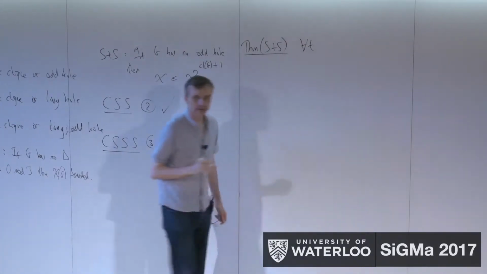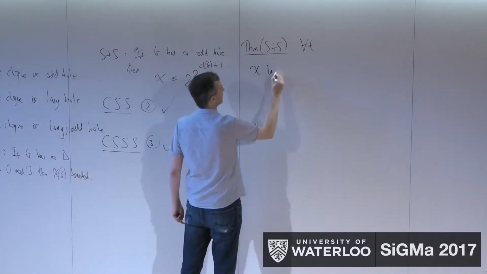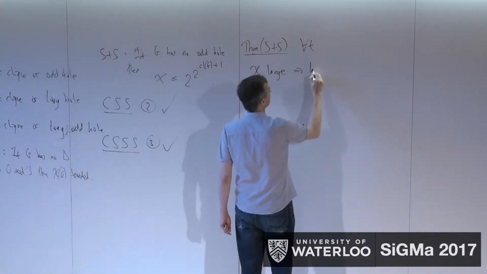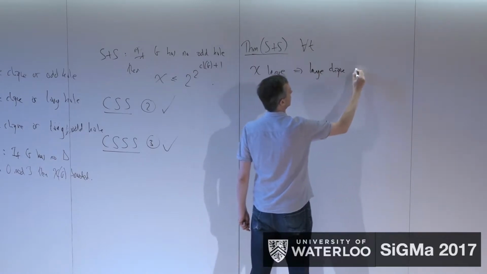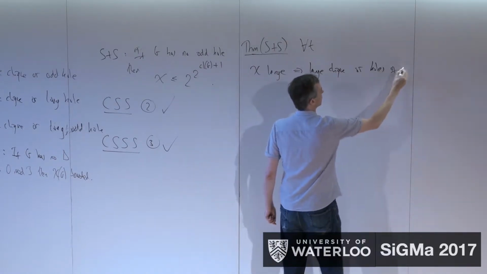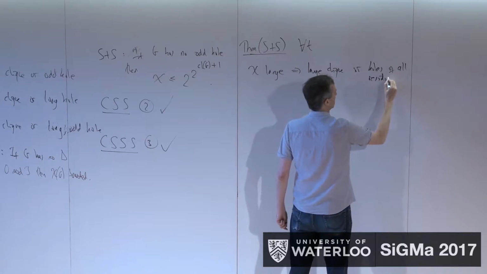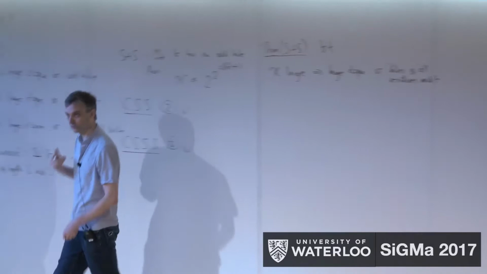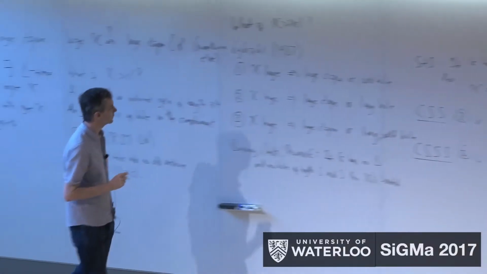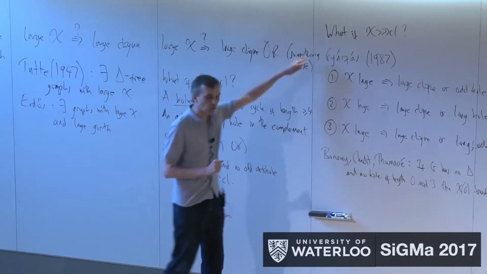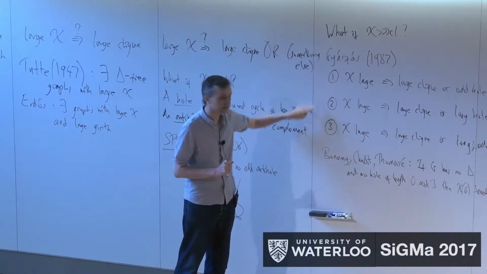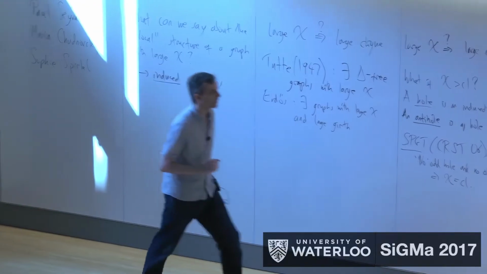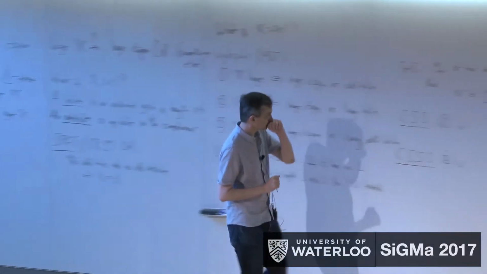For every t, chi large implies a large clique, or holes of all residues mod t. So not just even or odd or mod 3, whatever. This contains all the previous results, very much builds on the techniques that we developed in those papers, with some new stuff too.